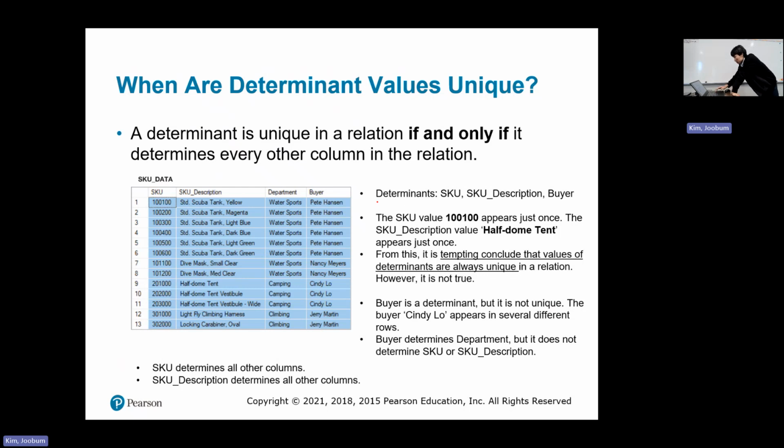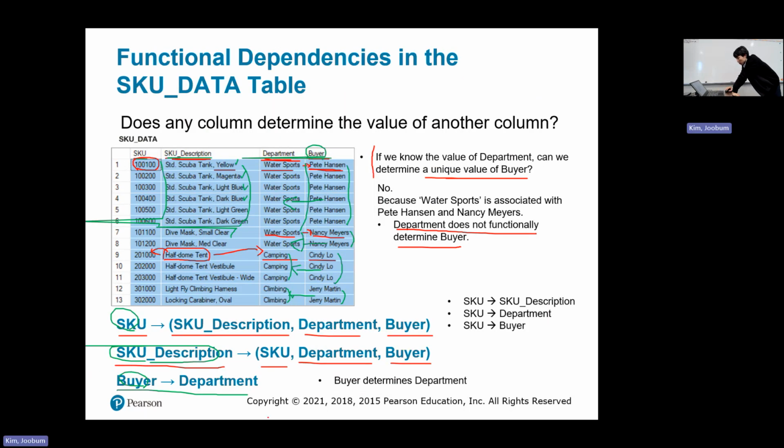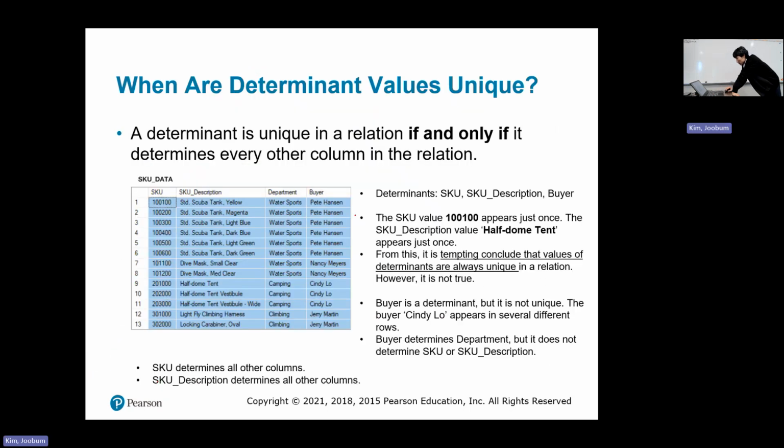The determinants are SKU, SKU description, and the buyer. So you might think, for example, 100100 appears once in this SKU column, and the description also appears just once.